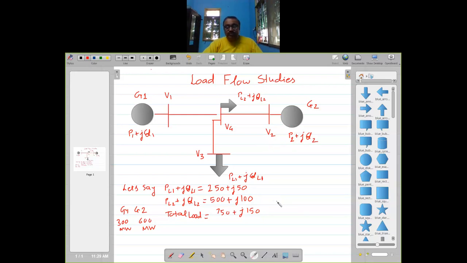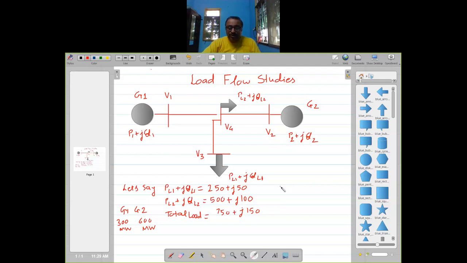So the first thing that is necessary is that the total load should be less than the total generation. Correct? Because if the total load is more than the total generation, then that load cannot be supplied.